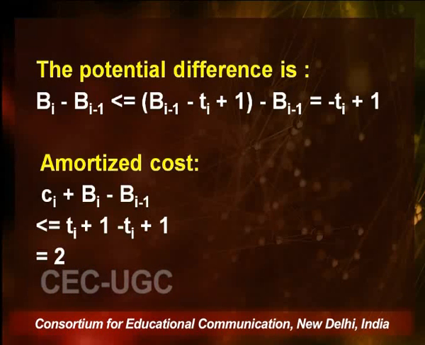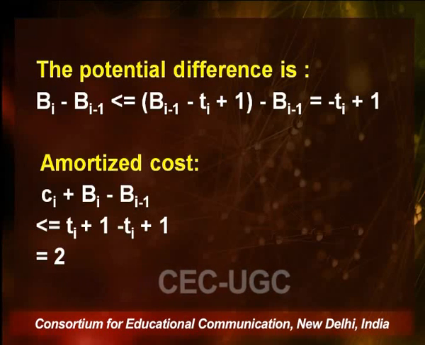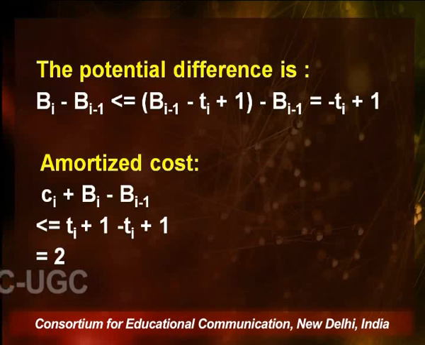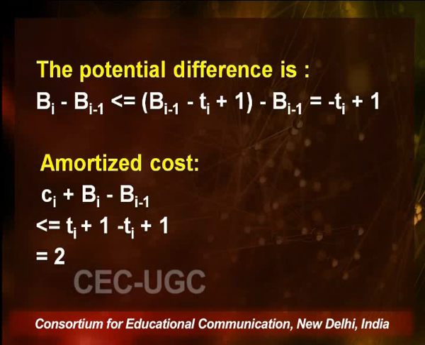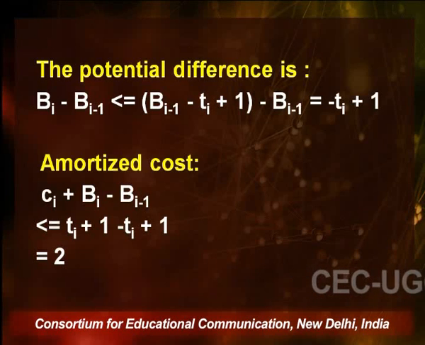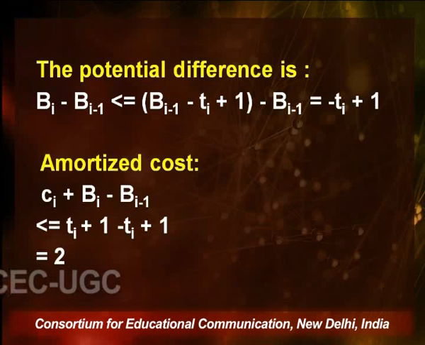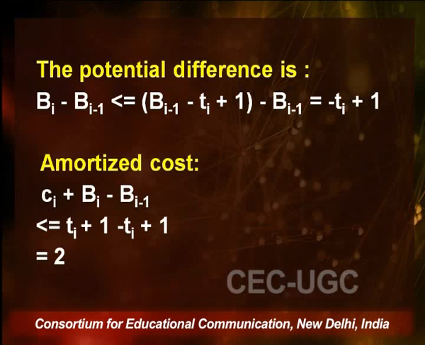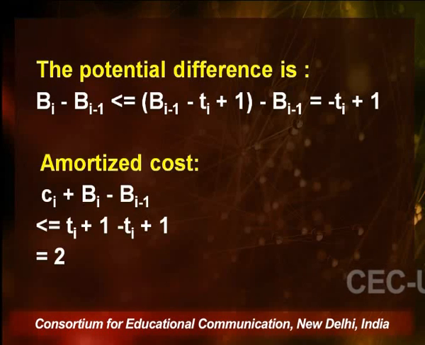If you see the last thing which I told, b_i is less than or equal to b_{i-1} minus t_i plus 1. In this expression we have replaced b_i with the term given in the bracket, which is b_{i-1} minus t_i plus 1, and we have kept b_{i-1} as it is.